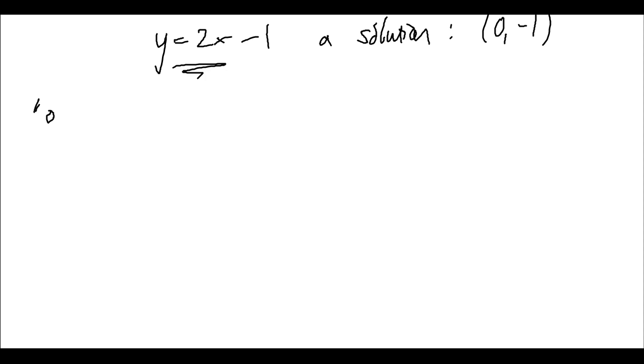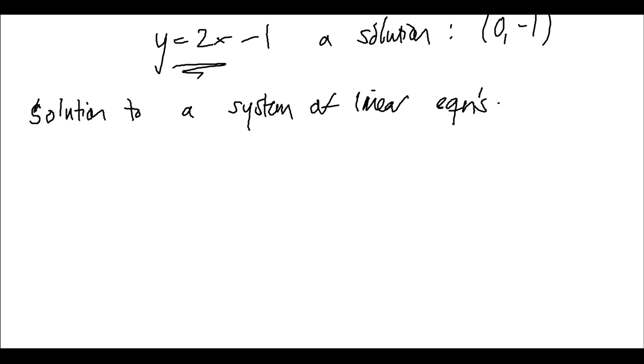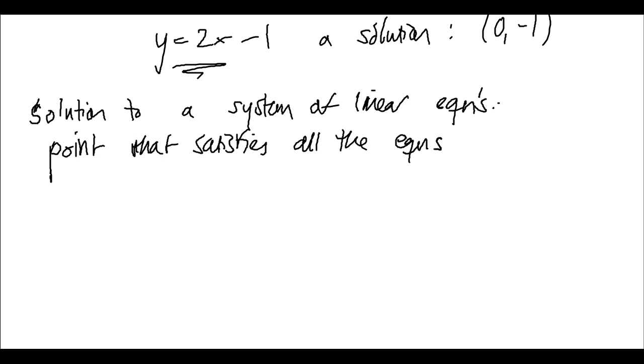The solution to a system of linear equations. This is a point that satisfies all of the equations, or it's a point on the graph for all of the equations.